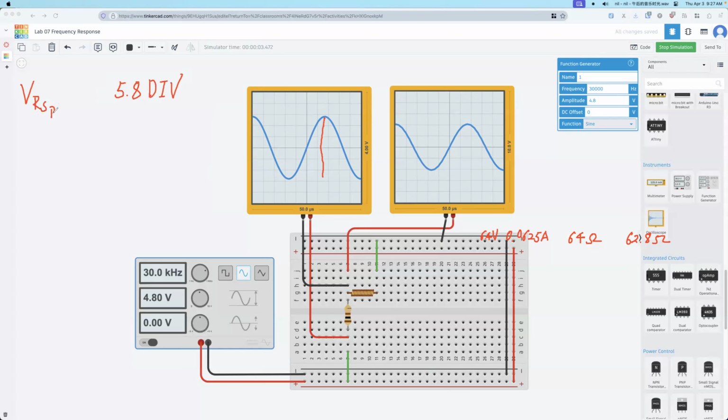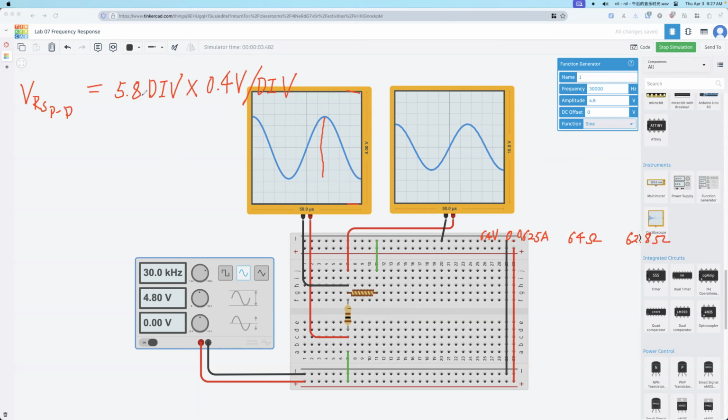So VRS peak to peak. Then the setting, so now it's 4 volts from the top to the bottom, totally 10 divisions. So this means the setting for this oscilloscope is 0.4 volt per division.